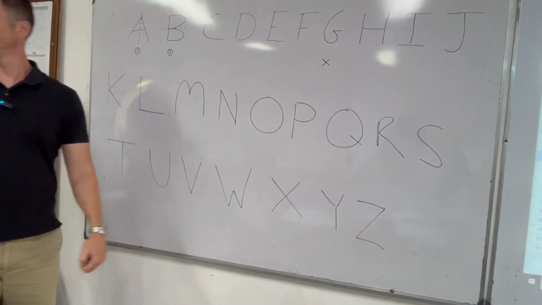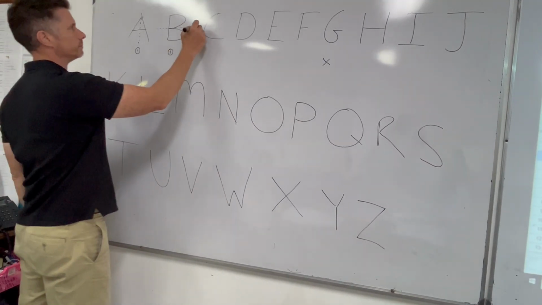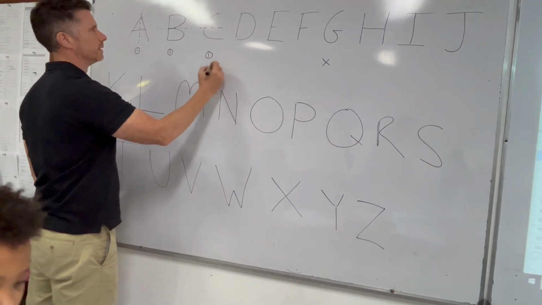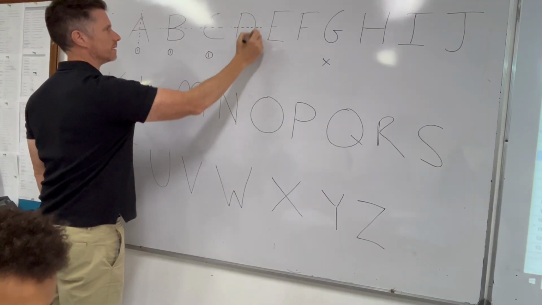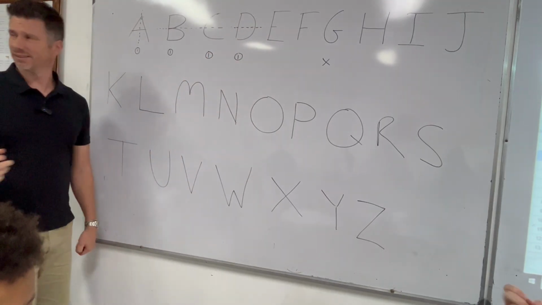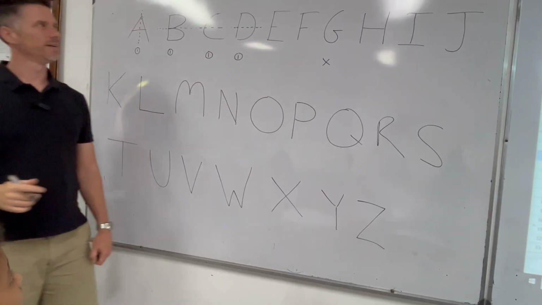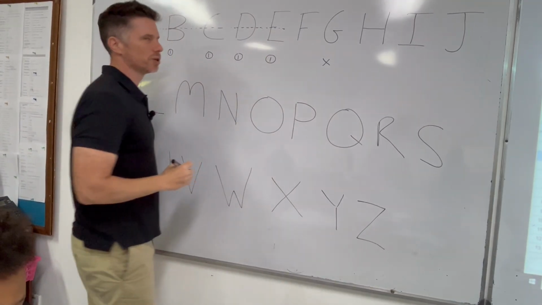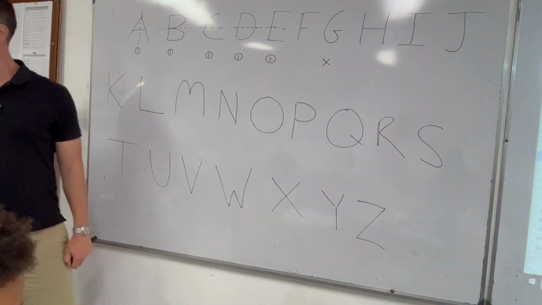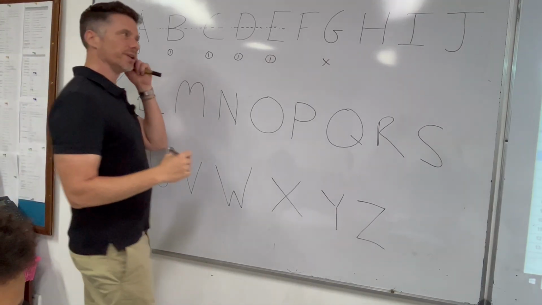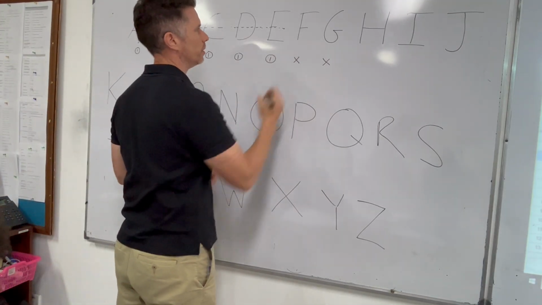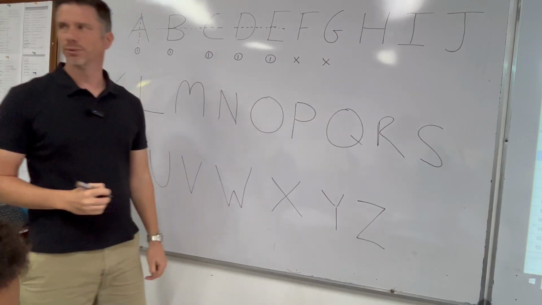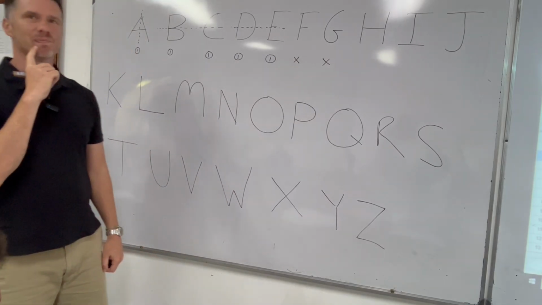C has 1. D, 1. E, yeah, all this way so far, all very straightforward. F, I don't think there's any way you could draw an F that would have any, so none. And G also, no, I don't think so.